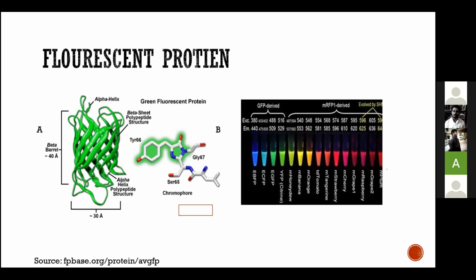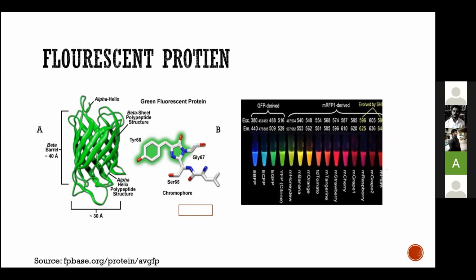As we went ahead, many marine animals and marine microorganisms were detected, and a range of fluorescent proteins were made out of them. GFP gave rise to many fluorescent proteins such as EBFP, ECFP, EGFP, and YFP.